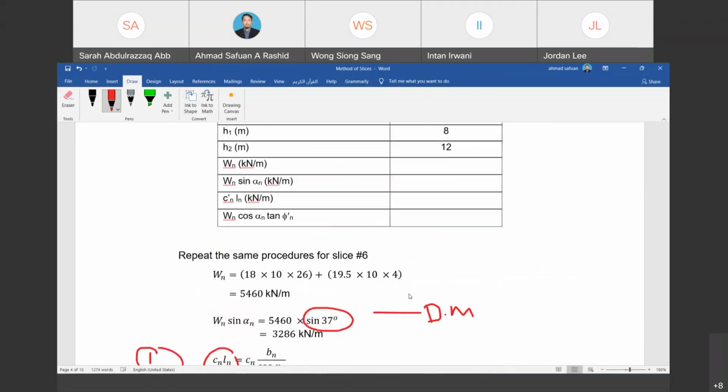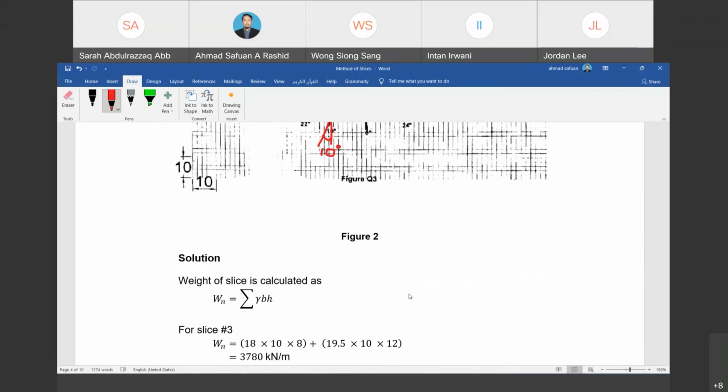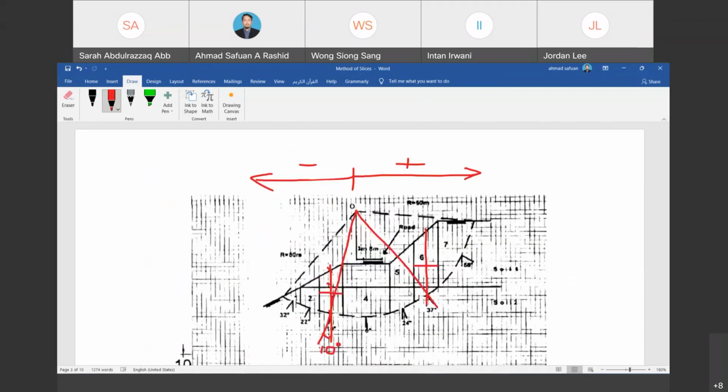To get the factor of safety, you need to solve slice number 1 until slice number 7. From there you get the total resisting moment and the total driving moment, then divide resisting moment over driving moment.